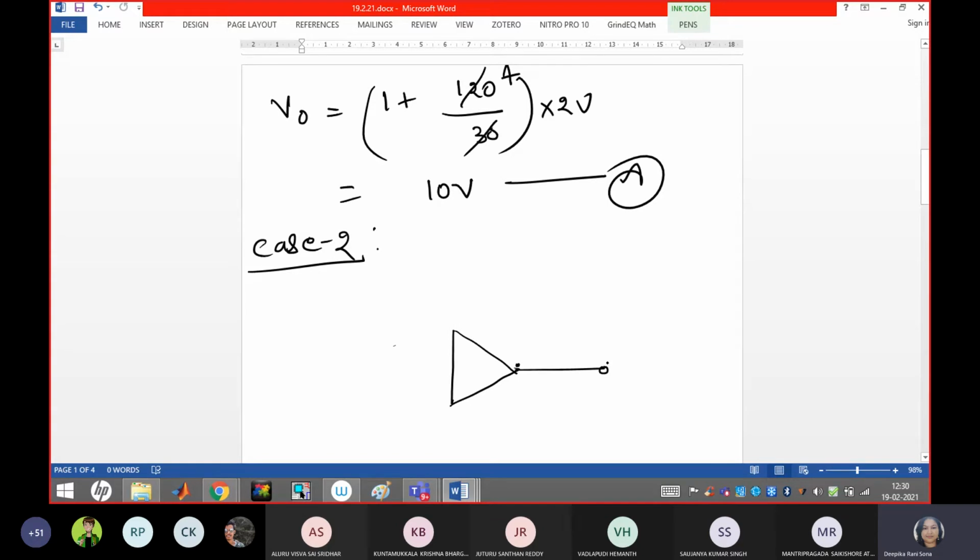You just do the solution. So we have to do the 120, then input arm is 30.